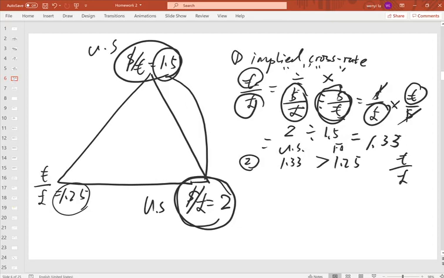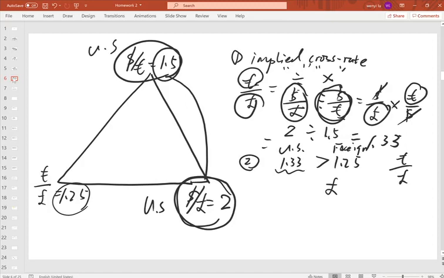This is in a foreign country. So in the US, 1 pound equals 1.33 euros, but in the foreign countries, 1 pound is only 1.25 euros.